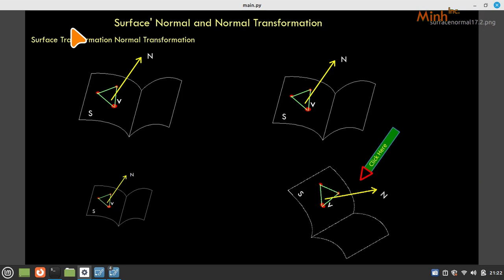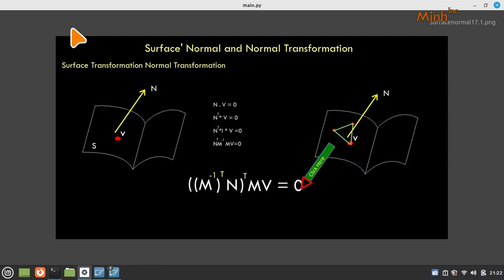Surface transformation changes with translation, it changes with scaling, it changes with rotation, but the normal doesn't change with translation and scaling. It changes only if I rotate. Now, I can't afford transforming the normal. If I am transforming a vertex by the M matrix, I cannot afford transforming the normal also by the M matrix.